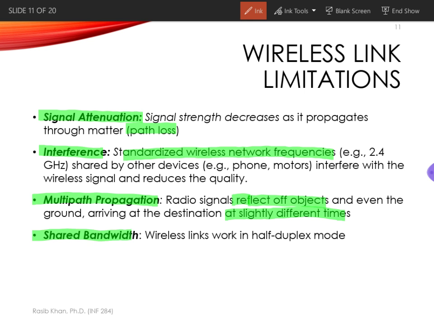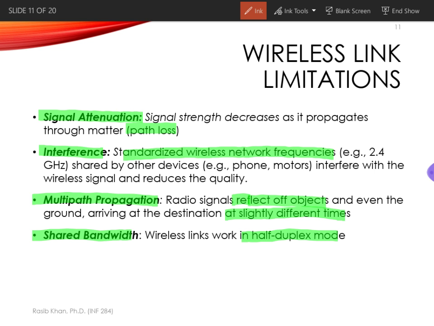And finally, one of the protocol-based limitations is that wireless links need to operate in a shared bandwidth format, which means that they are always operating in half duplex mode, which means that they cannot send and receive at the same time for a given frequency.